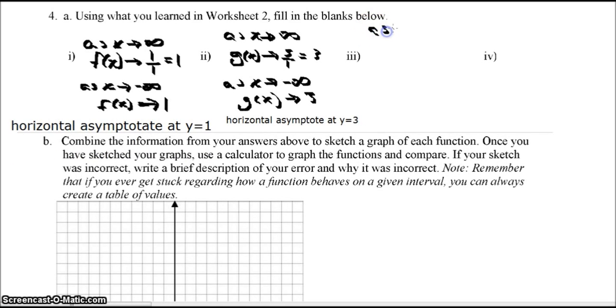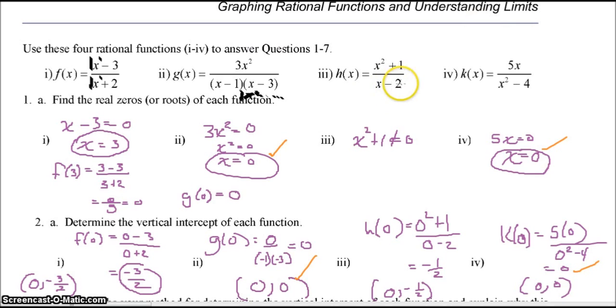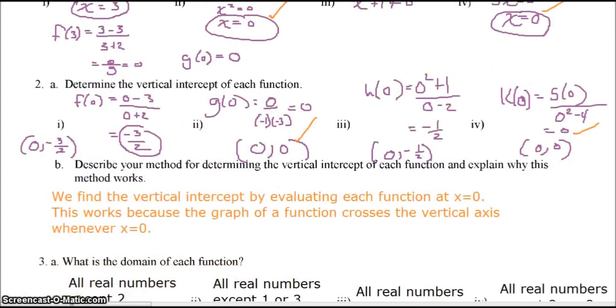So for number 3, what happens as x goes to infinity? Let's see, our function is x squared plus 1 over x minus 2. Notice that the numerator is a quadratic and the denominator is linear. The numerator will grow much faster than the denominator. So that ratio of the numerator over denominator will get bigger and bigger and bigger, and the whole function will go to infinity.